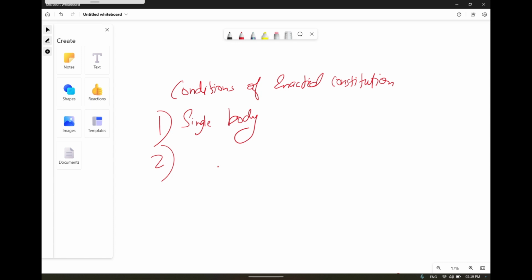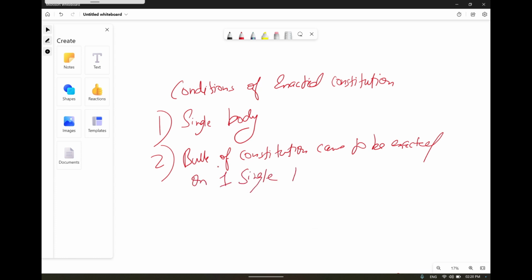And the second most important part is that this whole constitution should be enacted on one single day.